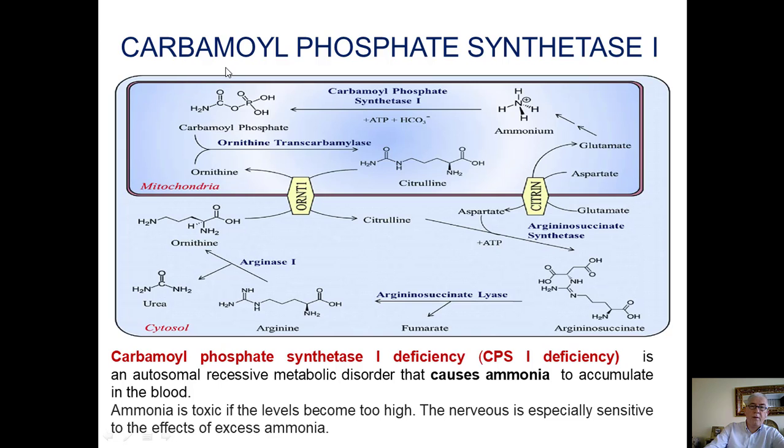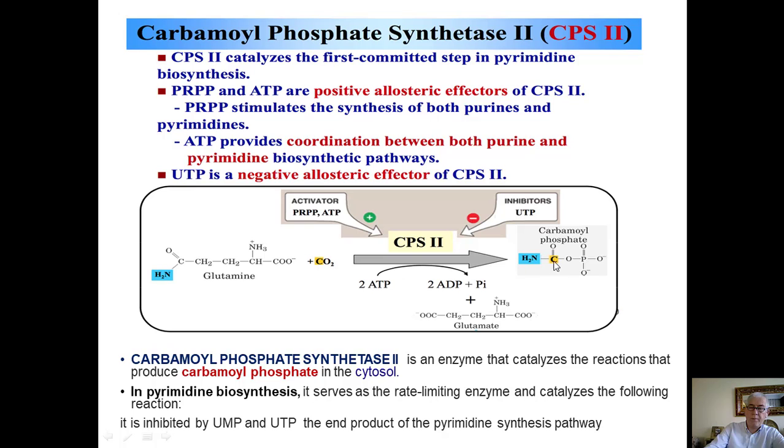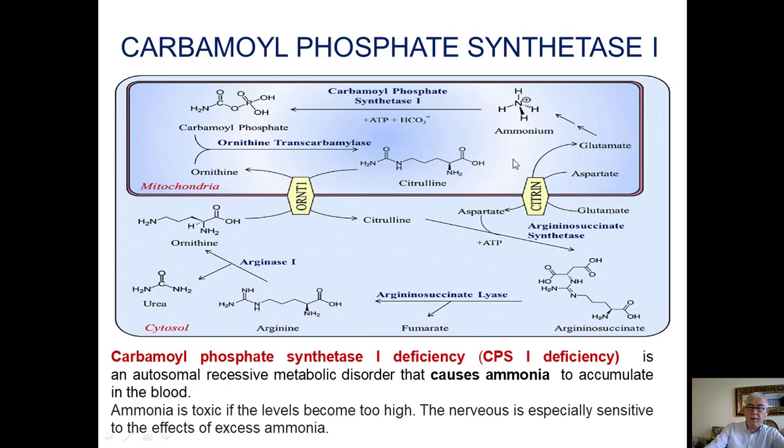I want to give another piece of information about a key enzyme named carbamoyl phosphate synthetase 1, responsible for production of carbamoyl phosphate in mitochondria. It is a key enzyme for ammonia or amino acid metabolism, and it is a key enzyme for the urea cycle.